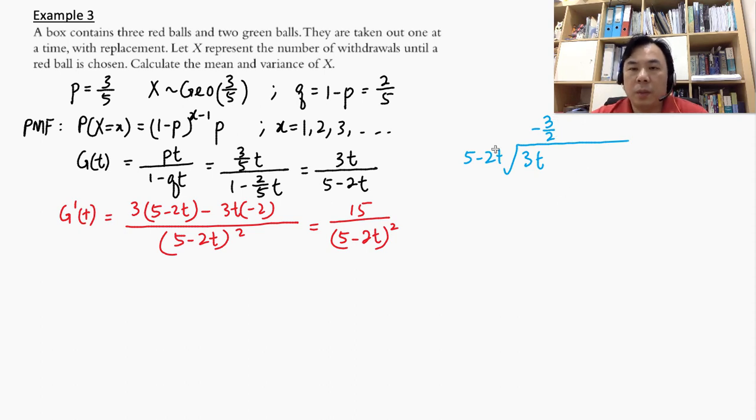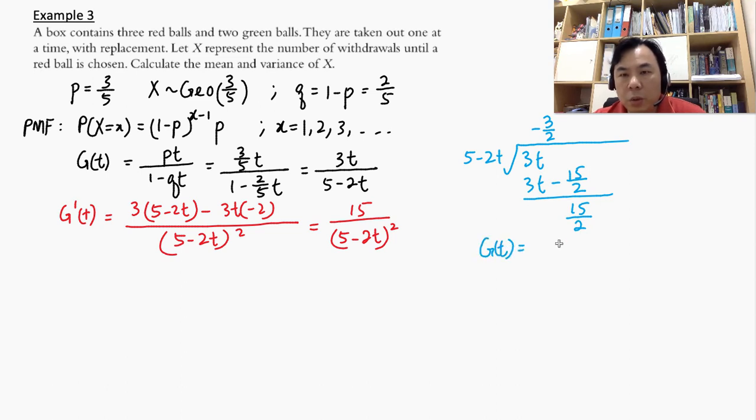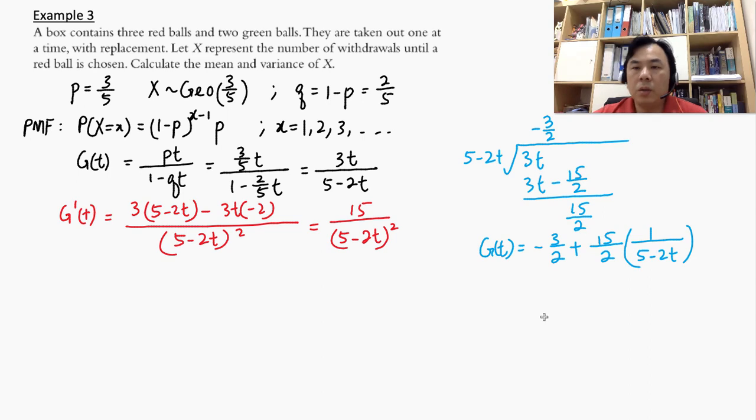If I multiply negative 3 over 2 here, I will get a 3t, and then I will get 15 over 2 here. Now, by doing so, I can rewrite my G(t) equal to negative 3 over 2 plus 15 over 2, 1 over 5 minus 2t there. Alright, so therefore I can rewrite my probability generating function in its partial fraction this way.